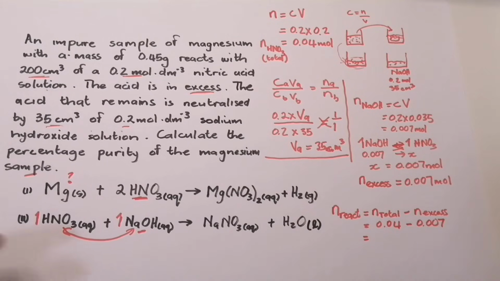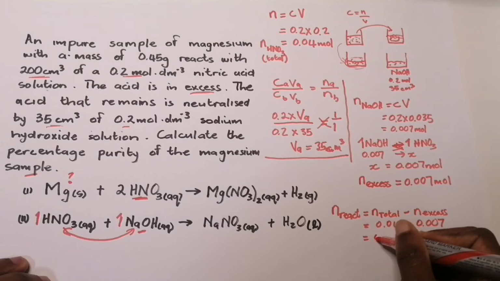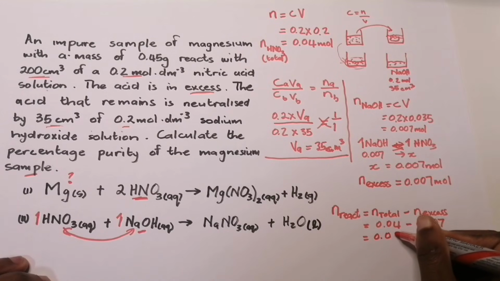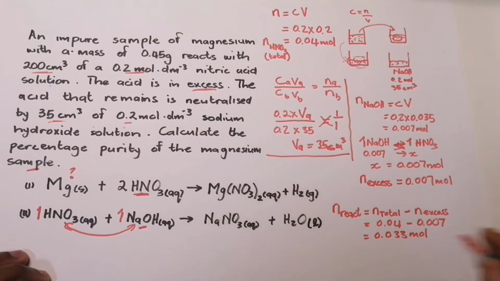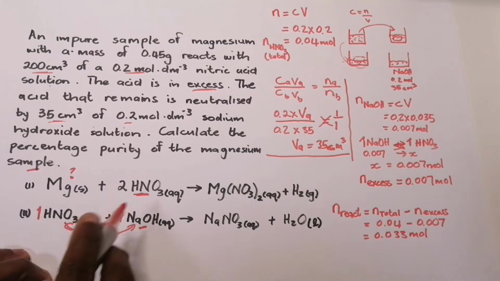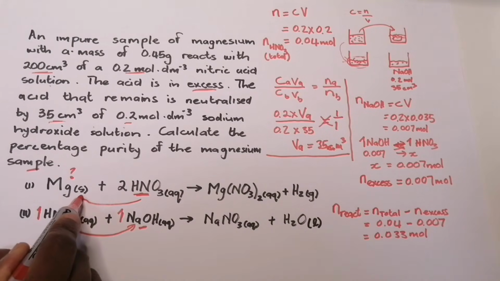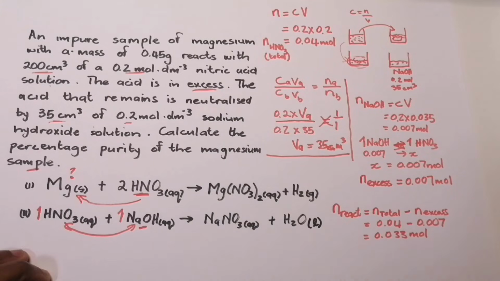So how many moles did I actually use? I actually used 0.033 moles of nitric acid. So it means 0.033 moles of nitric acid actually are the ones that reacted with the magnesium.